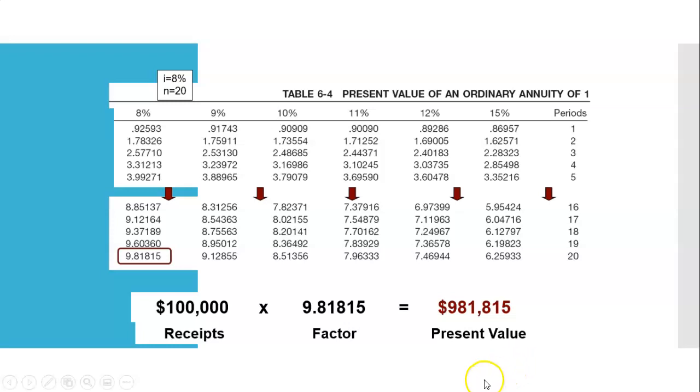So if we took the lump sum today, and the state said, oh, we'll give you $1 million today, well, that's more than the present value, so that would be worth saying yes to. If they say we'll give you 900,000 today, then that's actually worth less than what the 100,000 for 20 years is. So you would have to try to make up your mind at that point.